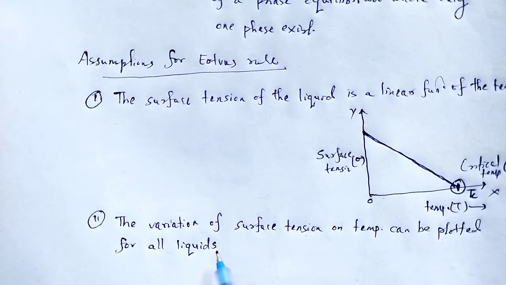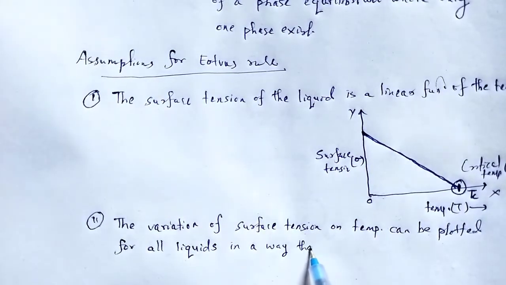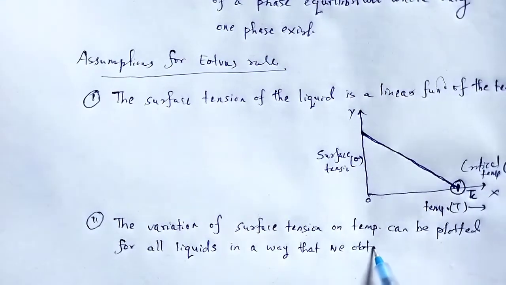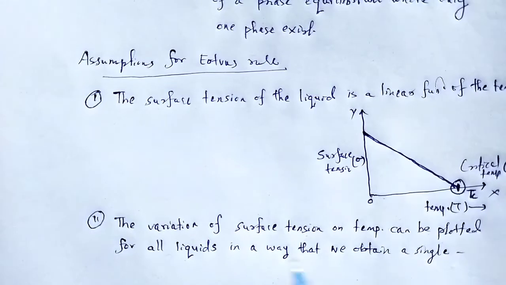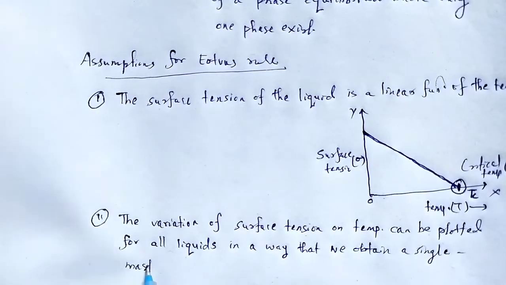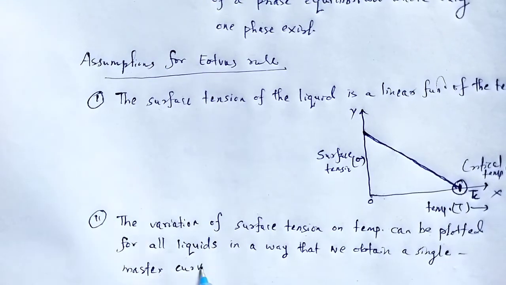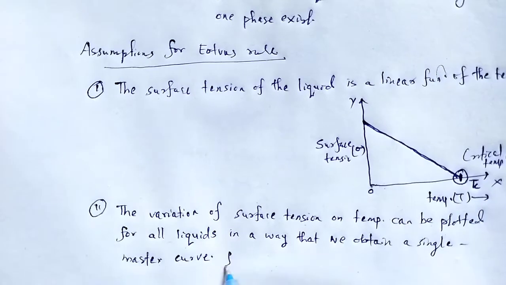In a way that we obtain a single master curve for this. What are we given for this?